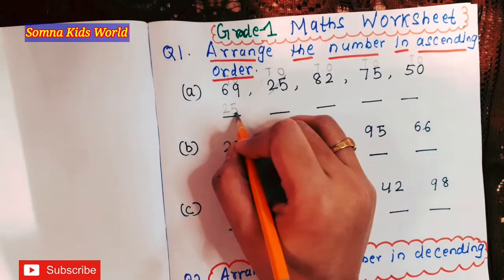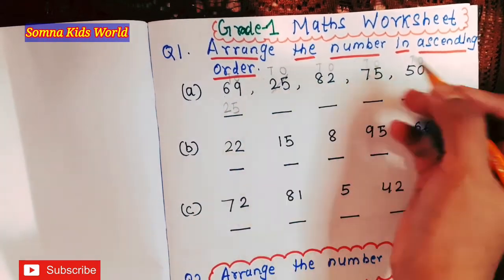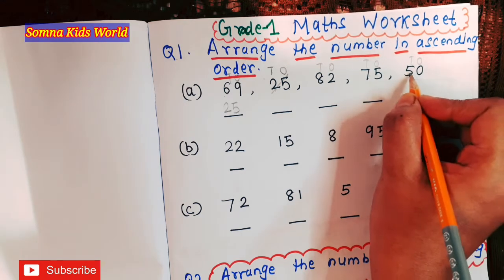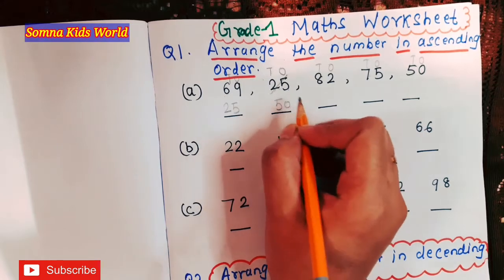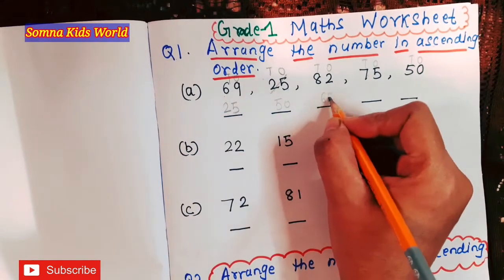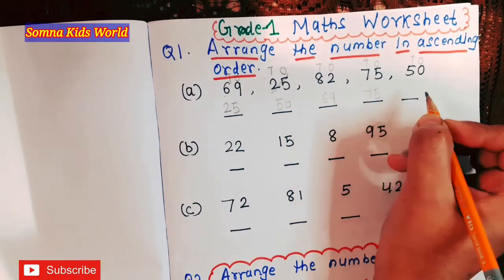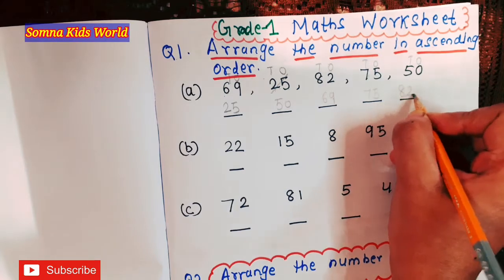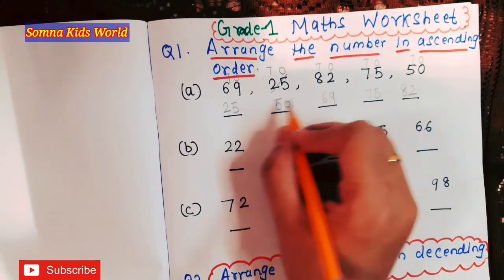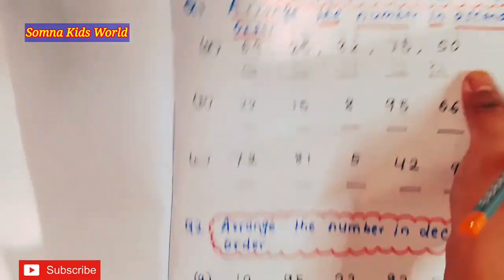So 25 I have already written here. Then the next number is 50. After 50 it's 69. After 69 it's 75. After 75 it's 82. So this is how to arrange the numbers in ascending order, from smaller to greater number.